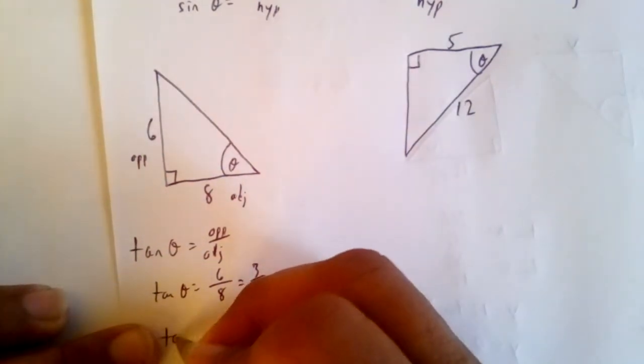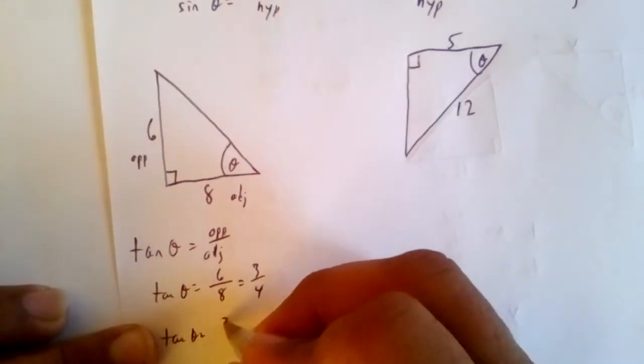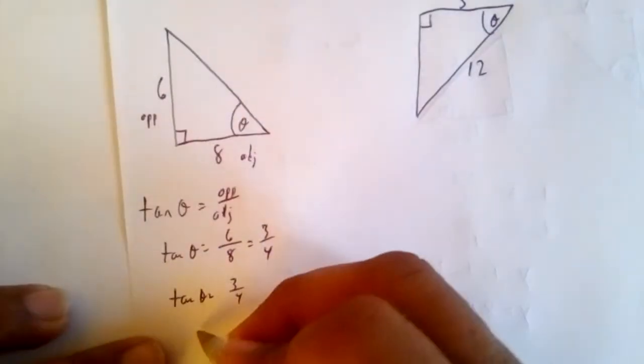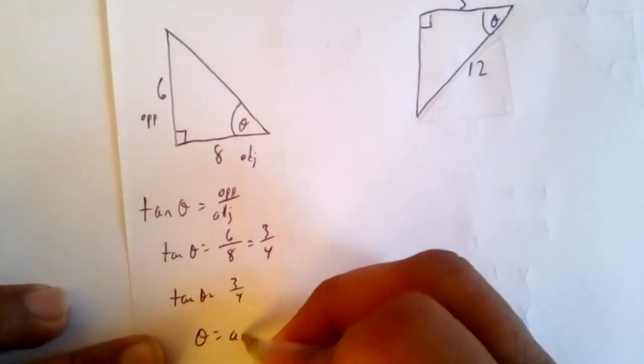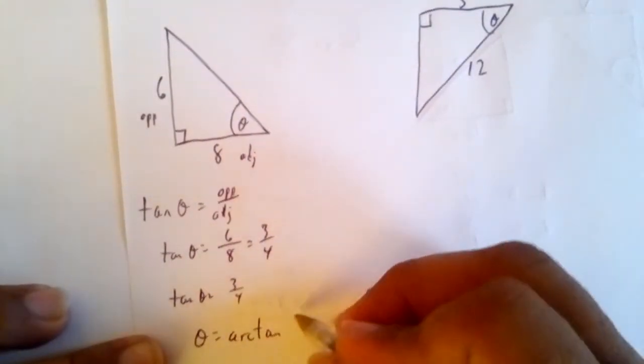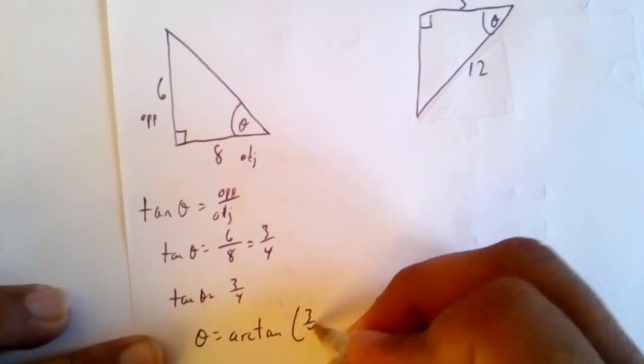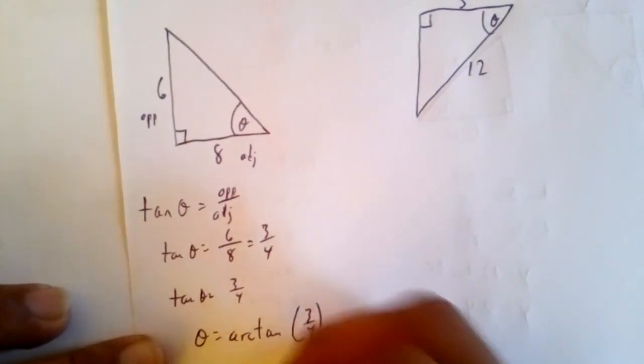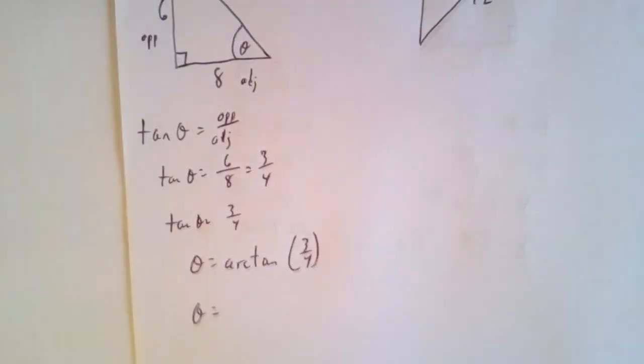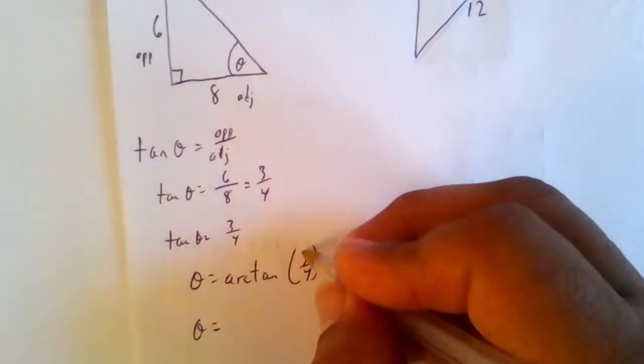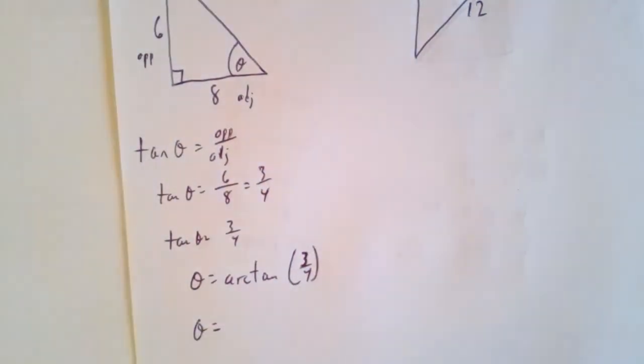So the tan of the angle is equal to 3 over 4, or the angle is equal to arc tan 3 over 4. Now we are to find the arctan of 3/4, and you will need to use your calculator unless you are using the 3-figure table.